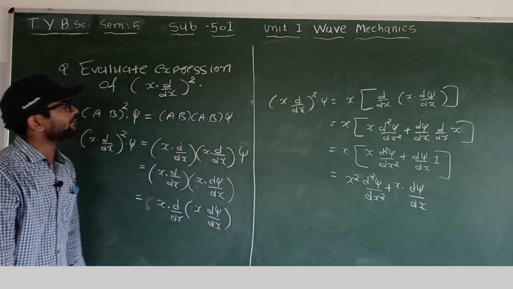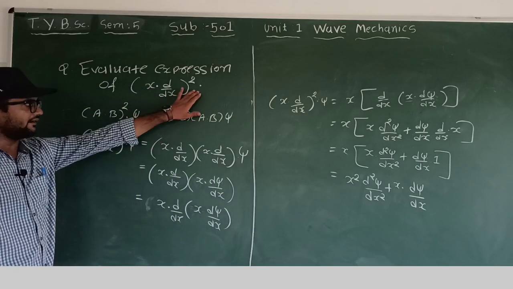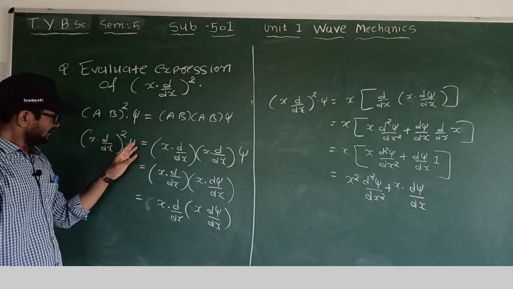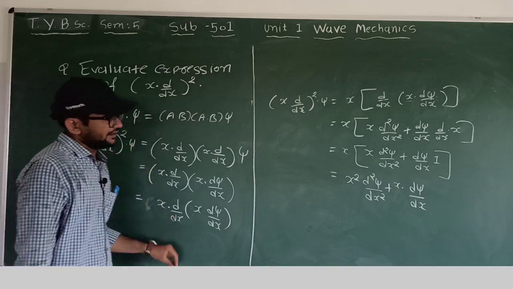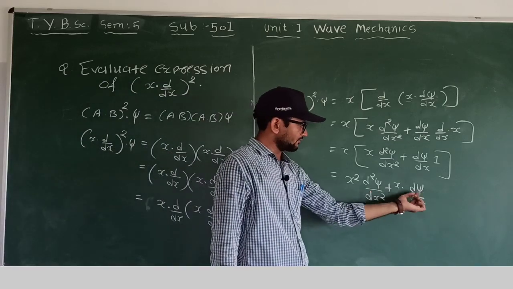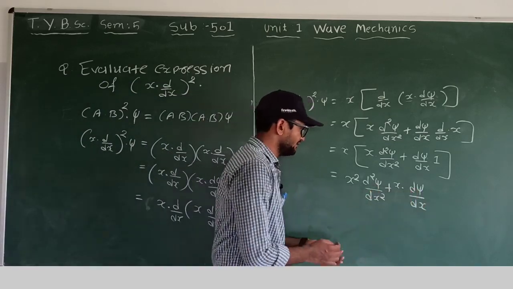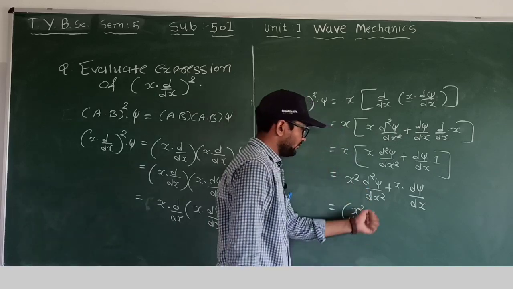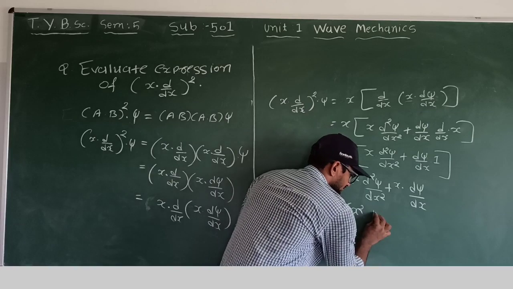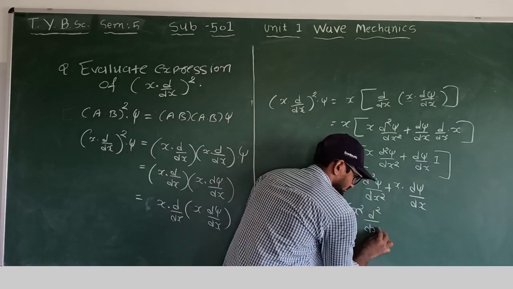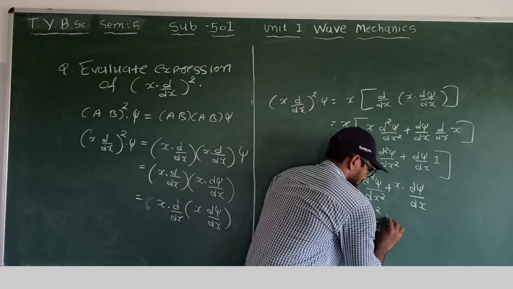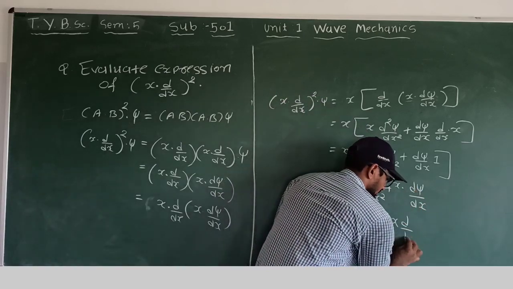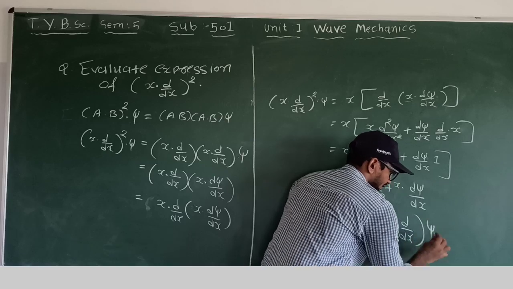Now in this example, first function is not given, at that time we will consider the function that is psi. Okay, so psi, now in last step we common out psi, therefore into bracket x squared d squared/dx squared plus x d/dx, and we common out psi.